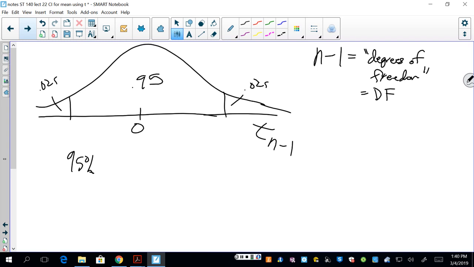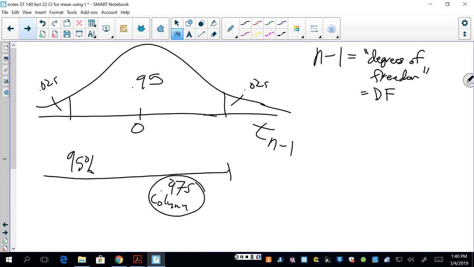And then it gives percentiles, 75, 80, 85, and so on. So for 95%, we have to look up the 0.975 column of this table. After a little while, above 11 or so, above 16, 21, this number is a little bit above 2. The normal value is 1.96, and this is a little bit bigger to compensate for the uncertainty.